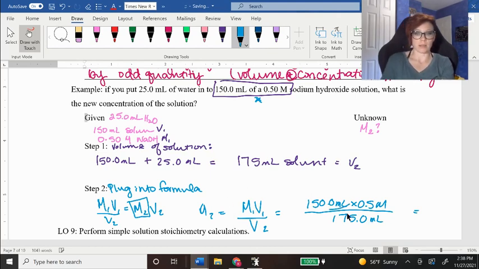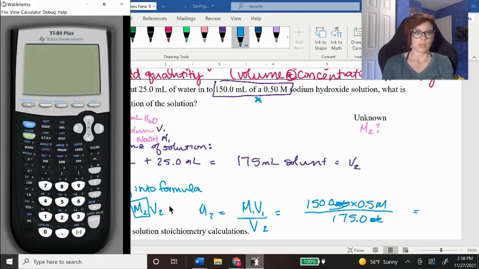Milliliters are canceling out. Again, I don't have to convert into liters in this, so milliliters are canceling. So then my calculator, 150 times 0.5 divided by 175.